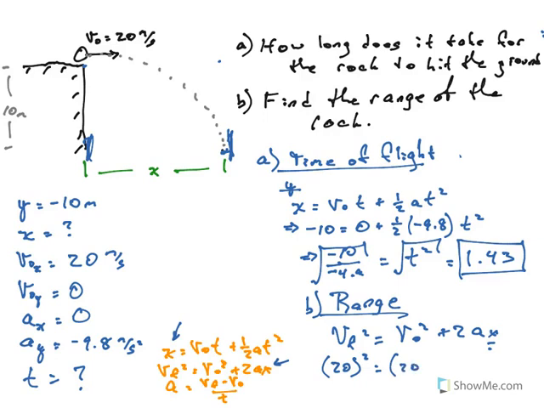Initial velocity I know is 20, plus 2 times acceleration, which is 0 in the x direction, times x. But this is bad. Look. x is being multiplied by 0, so this term goes away. So now my equation doesn't even have an x in it. So I know, oh, there's something wrong. This equation isn't going to work. I may as well erase it. So get rid of the equation and go to the other one. Now I know it must be the first equation.